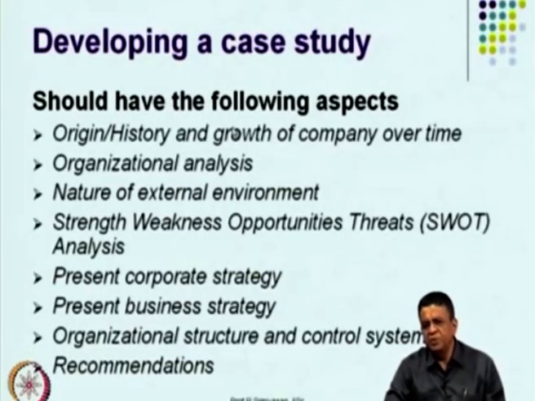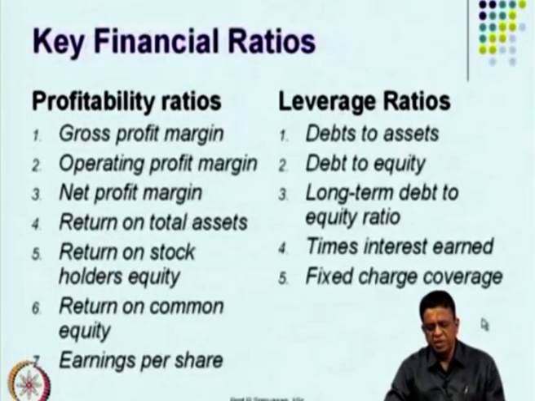So, in short, you do what we call the SWOT analysis, then you should present the corporate strategy of the company, present the business strategy, maybe with reference to a particular strategic business unit which you are considering, then the organizational control structure and the control systems of that business unit, and the recommendations that you are giving with respect to a particular situation which you are considering.